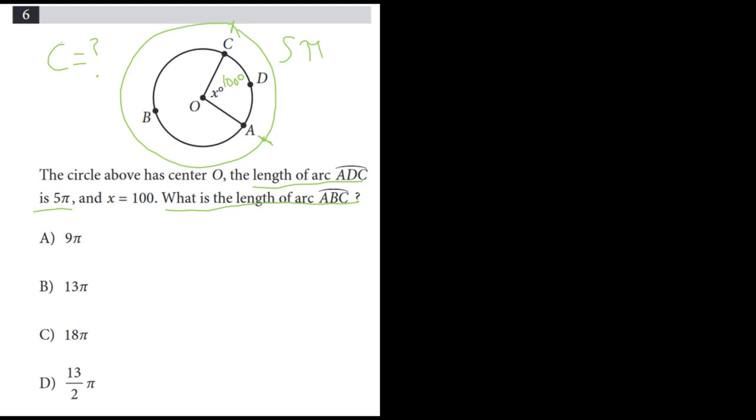So from here, I can set up the tic-tac-toe board, and it's going to be set up kind of like a ratio. So let's just say that this one's the smaller circle, and this one's the larger circle. And then we have two things. We have the circumference, and then we also have the angle.